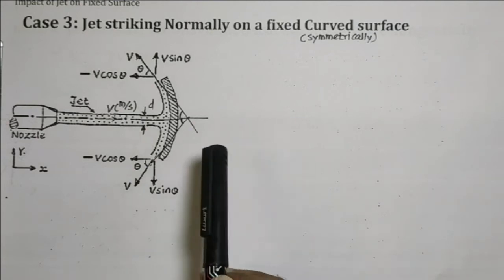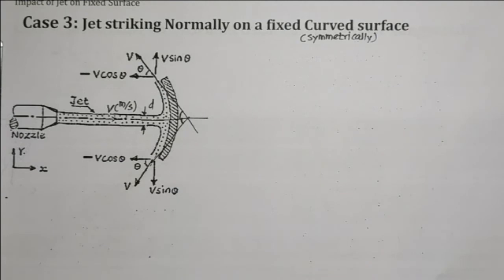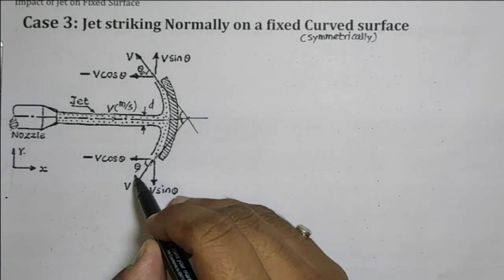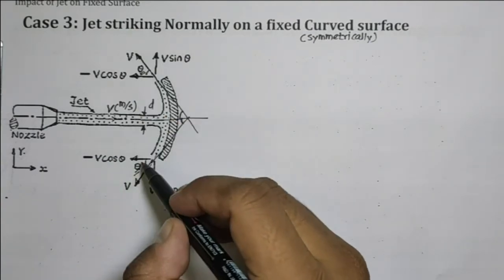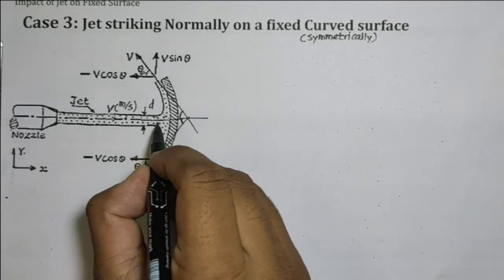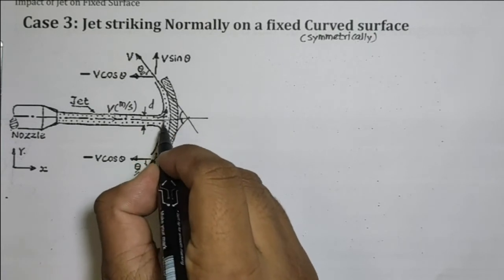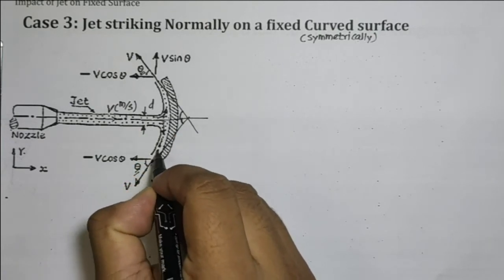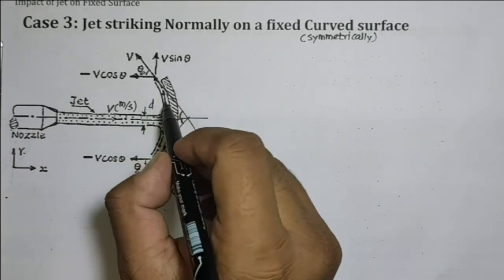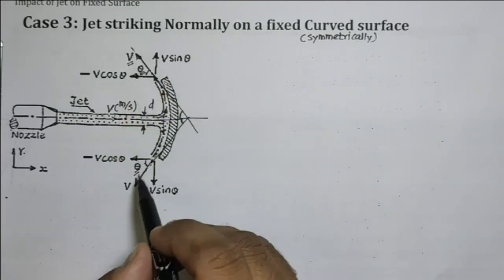Now the thing we need to understand in this case is that this curved surface has an exit angle theta. So this one is theta. These angles are the same, that's why it is known as a symmetrically curved surface. Now this jet strikes the curved surface at the center, and because of the surface, the water flow exits through this direction with velocity v.